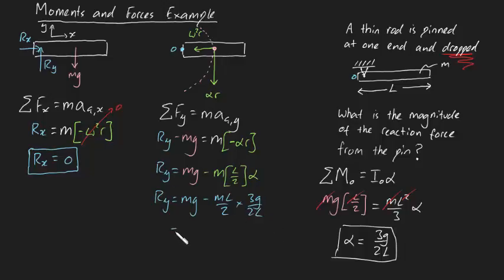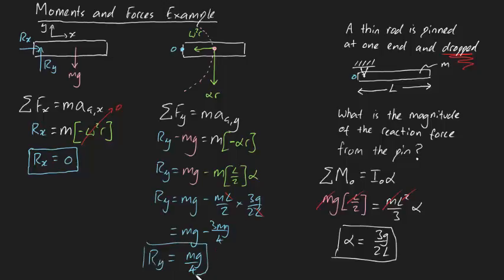And of course, this boils down into mg. Let's see, the L's cancel nicely, leaving us with 3mg on 4 minus 3mg on 4, which boils down into 1/4 mg. So I'll write that this is mg on 4. That's going to be Ry.